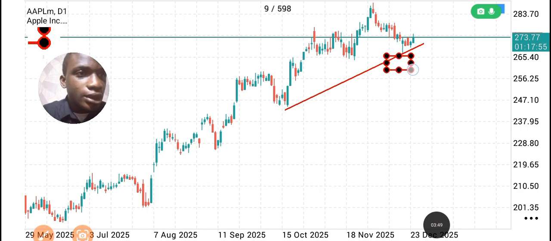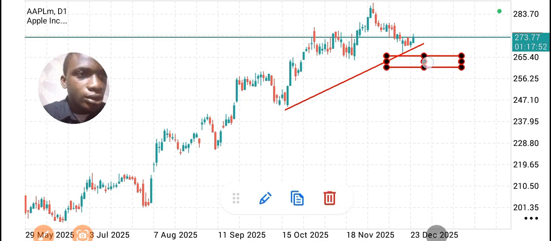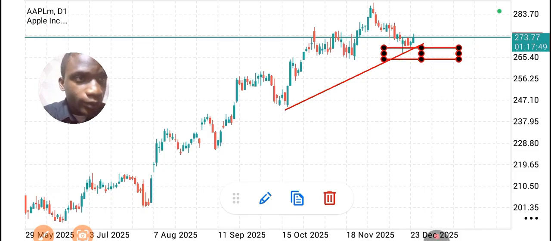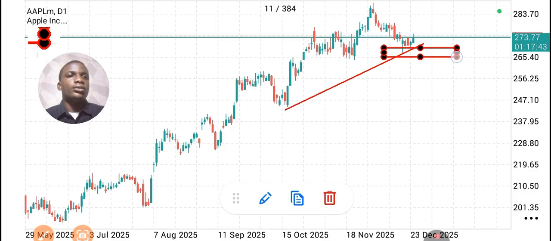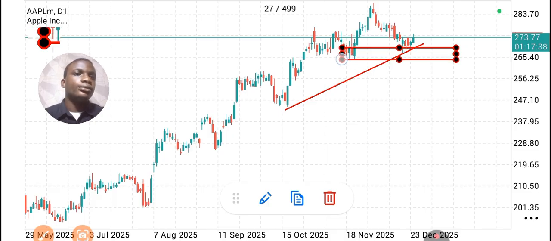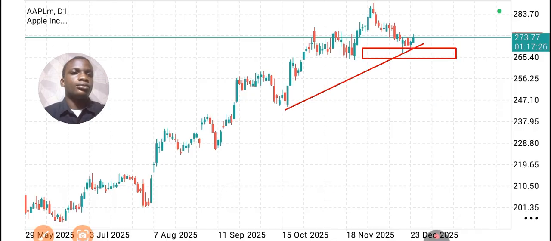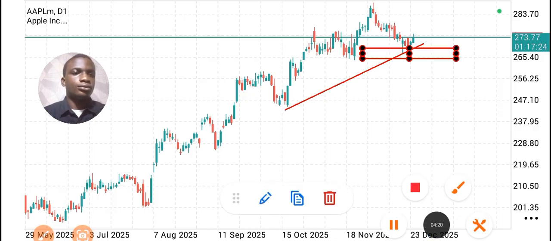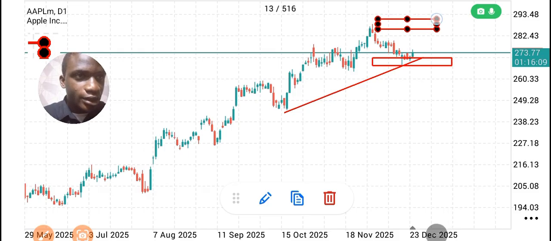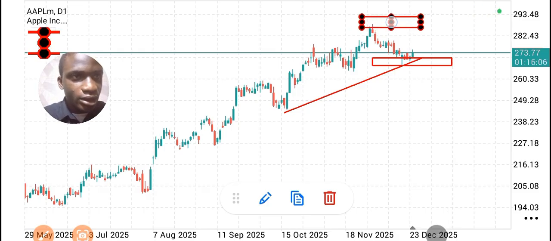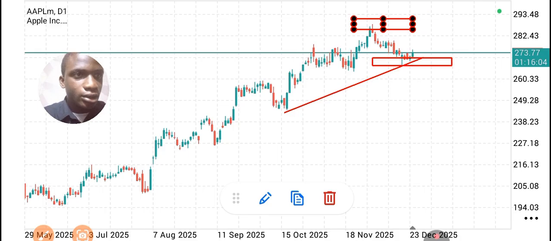So this is the support. And the previous resistance doesn't really matter though, but let me mark it. The previous resistance zone.